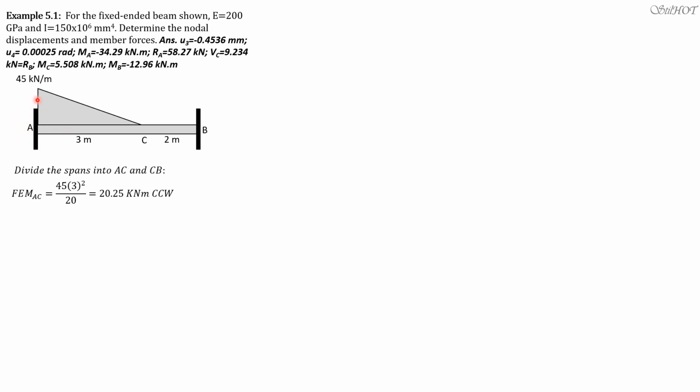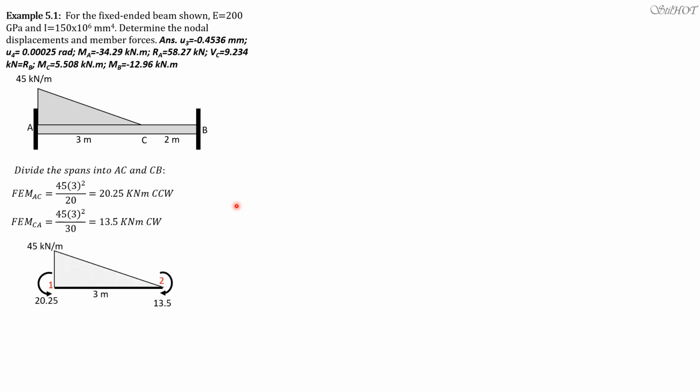Remember the sense of the fixed moment: it should be counterclockwise at the left and clockwise at the right. So fixed moment CA is 45 times 3 squared over 30, so 13.5 kilonewton meters, clockwise here, CA. Then for CB, there is no load in CB, so fixed forces will be 0.